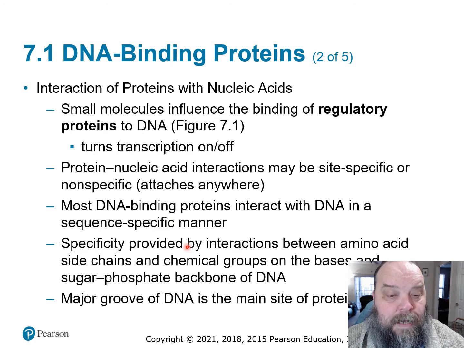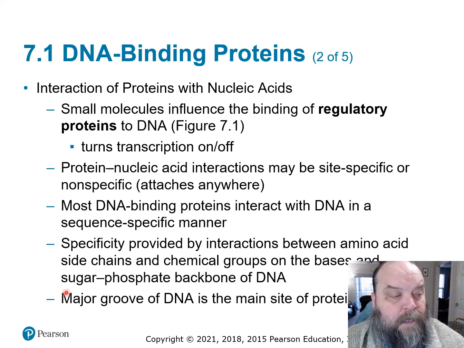They are going to bind, and it's going to be due to the side chains, the R groups of individual amino acids in these DNA binding proteins, that are interacting with the sugar phosphate backbone as well as the nitrogenous rings.